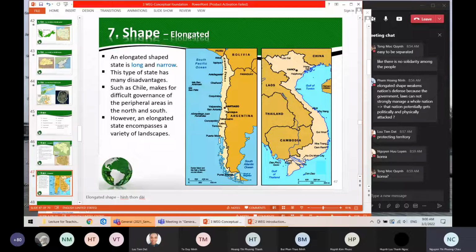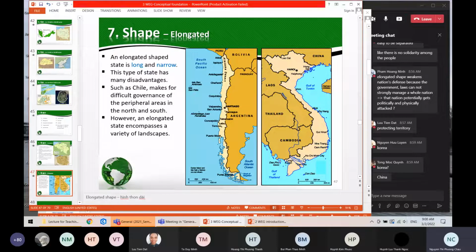Vietnam was divided in the past, but luckily for Vietnam, we are united into one. That's lucky for Vietnam. But Korea, you see, until now is still divided into two governments.